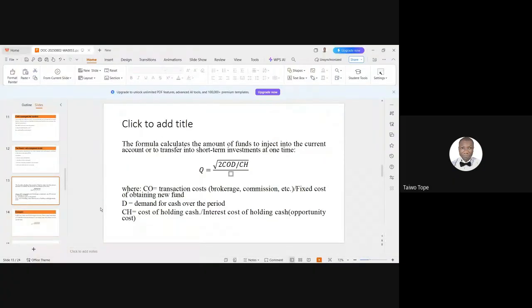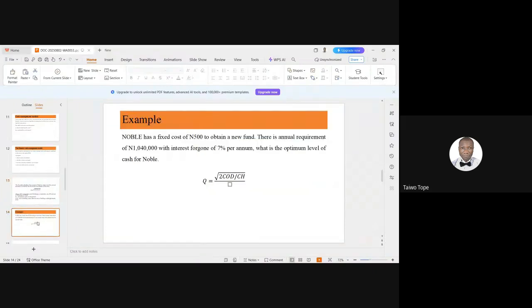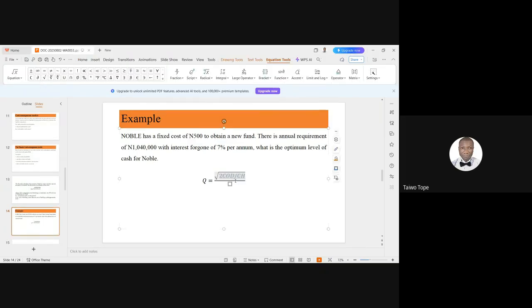That is the cost of holding cash, the interest cost of holding cash, or opportunity cost. So when you substitute all this into this formula here, what will be your answer?